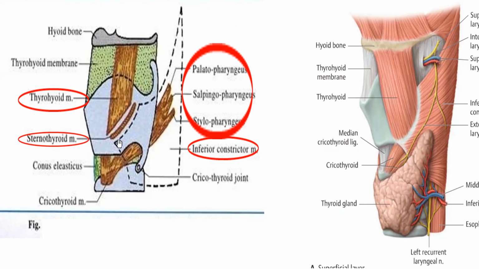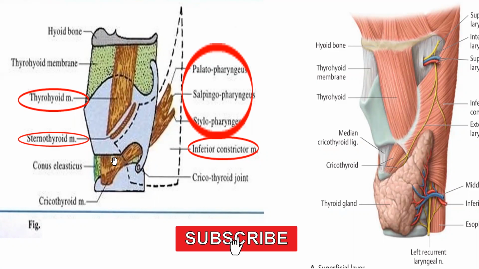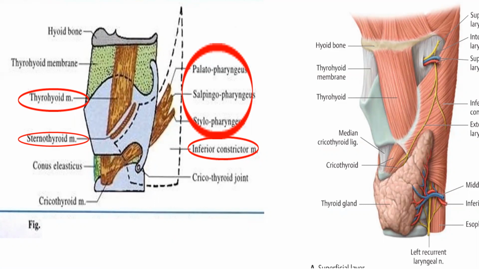So on the external surface of the lamina, three muscles on the oblique line, thyrohyoid, sternothyroid, and inferior constrictor muscle of the pharynx are attached. And along the posterior border, three pharyngeal muscles are attached. And along the inferior border, the cricothyroid muscle is attached.